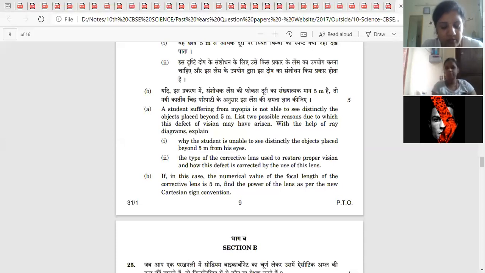Ma'am, in the conditions for no refraction, can you explain the first one? When the incident ray is normal to the boundary, it is perpendicular to the boundary. It is exactly perpendicular to the boundary. That means I is equal to 0. So for making the I 0, the sin I by sin R ratio should be constant. So to maintain that ratio constant, I and R should be 0 degrees.